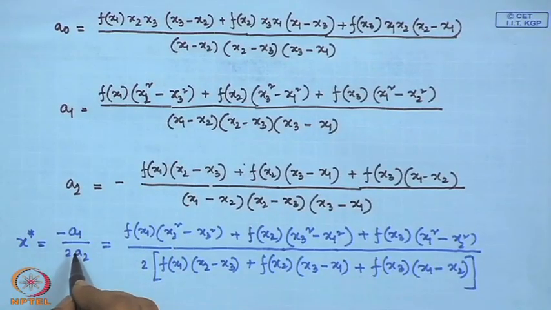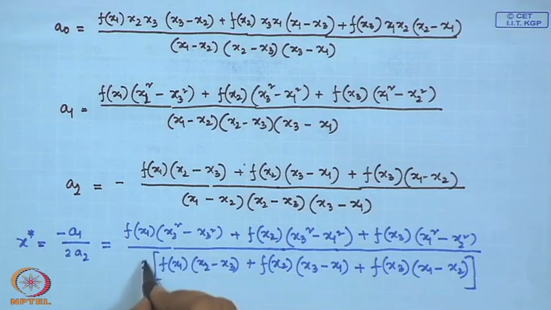Now, we will go for the optimal value for this p(x). The basic condition is that x star, the optimal value, must be equal to minus A1 by 2A2, which I got from the necessary condition. That is why we will just substitute the values for A1 and A2 that we got in the previous case here, and we will get the value for x star.